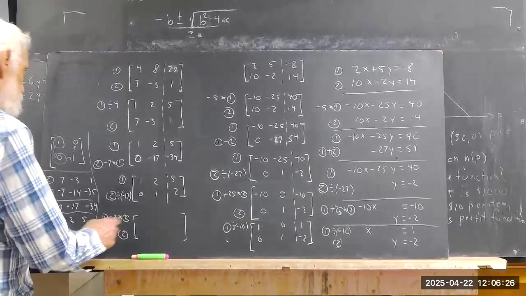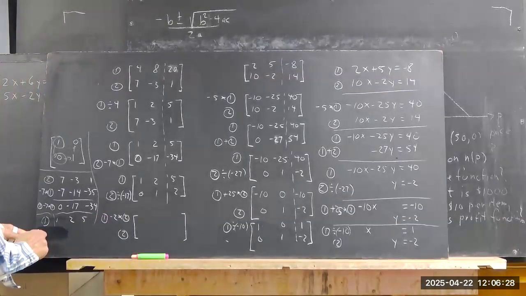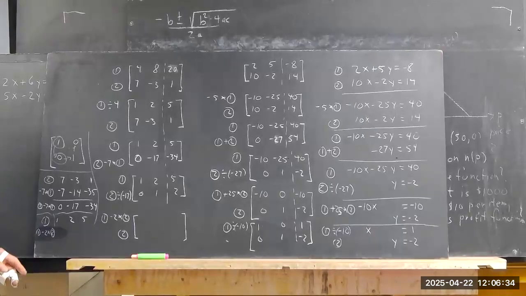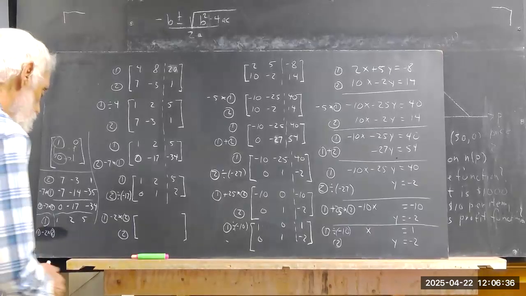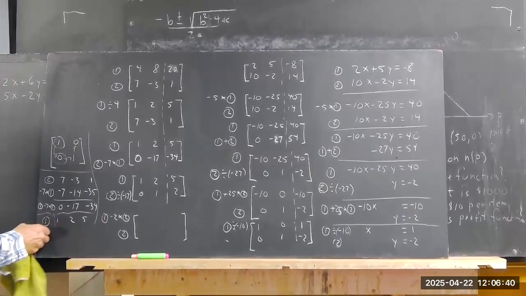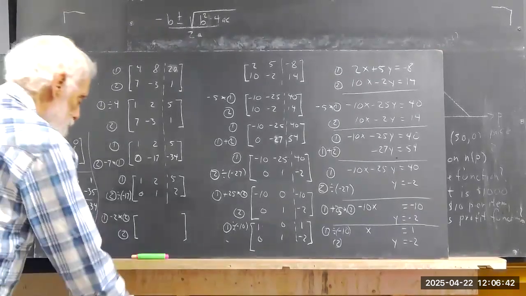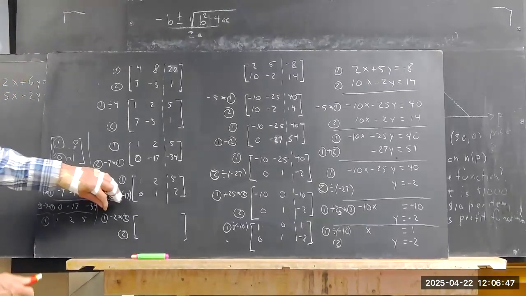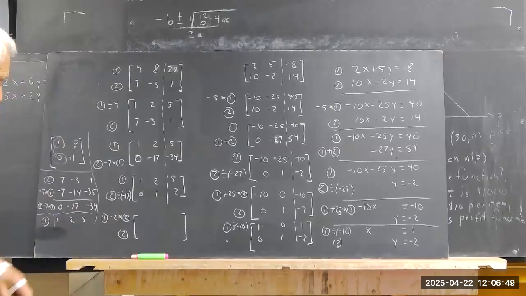Instead, I want to do row 1 minus 2 times row 2.